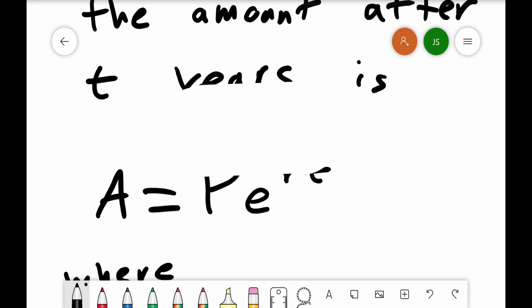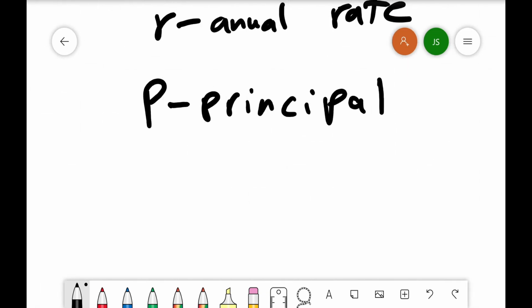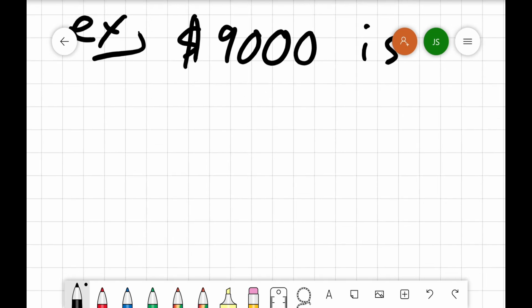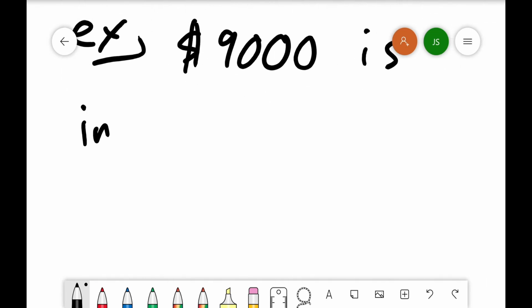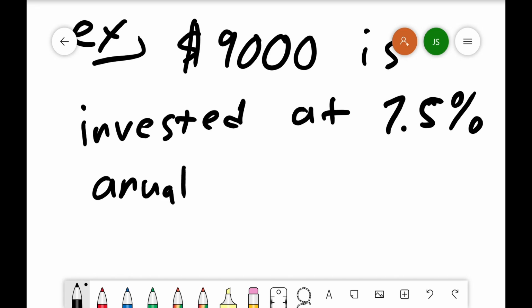Oops. There, let's leave that alone. So let's do an example. 9,000 is invested at 7.5% annual interest rate.